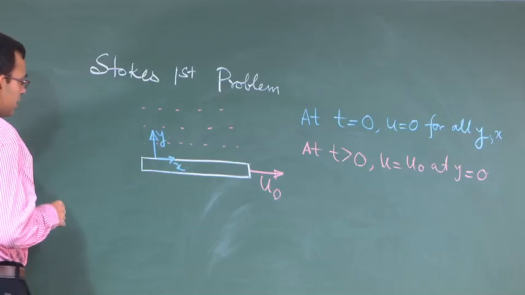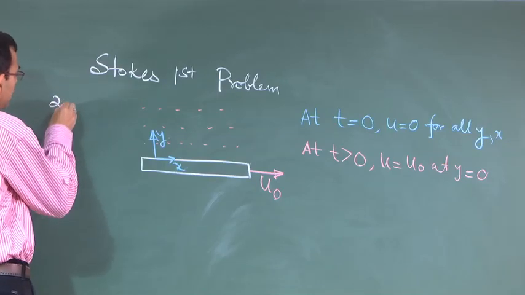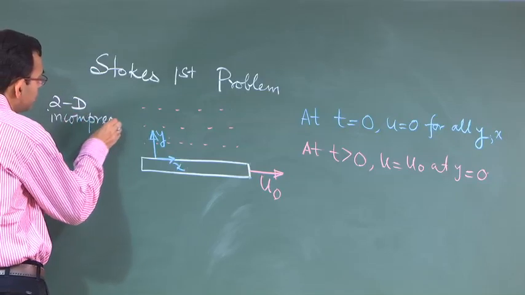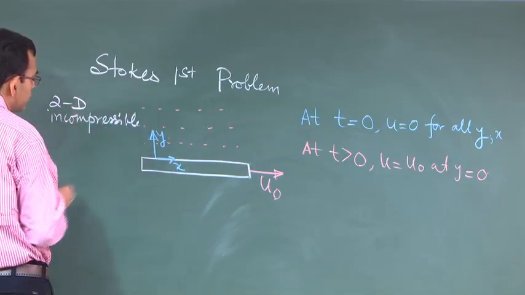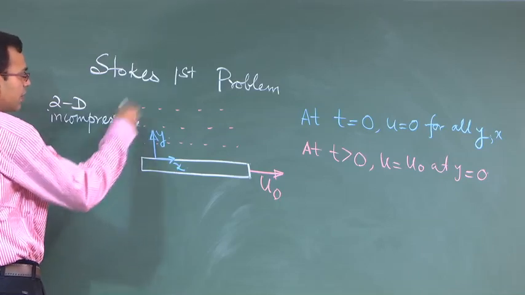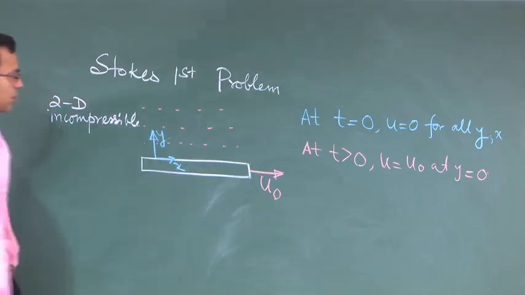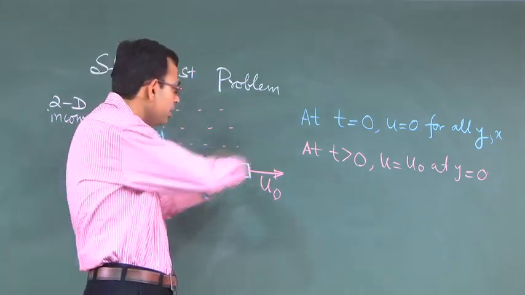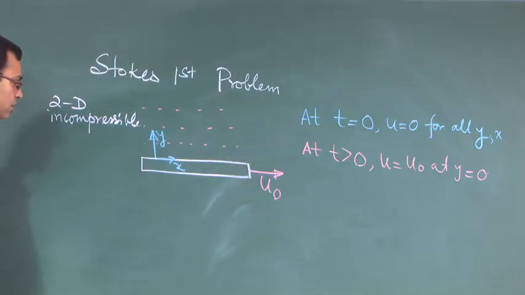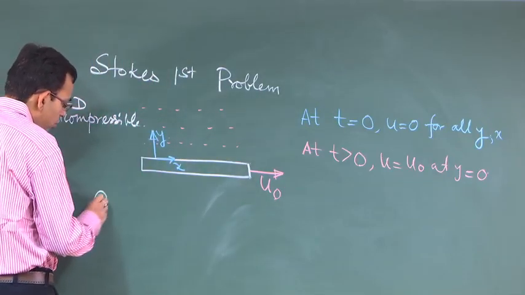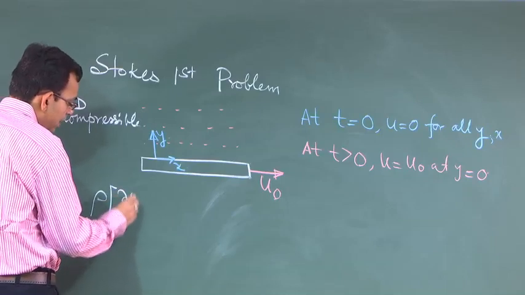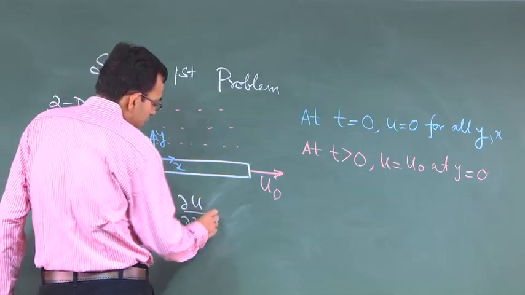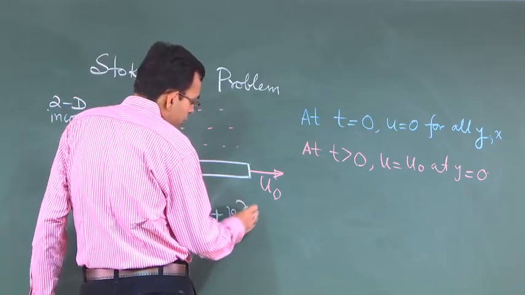So, we assume that it is a 2-dimensional incompressible flow with no other artifacts like an extra body force, there is no effect other than pulling of this plate. So, you have rho del u del t plus u del u del x plus v del u del y.